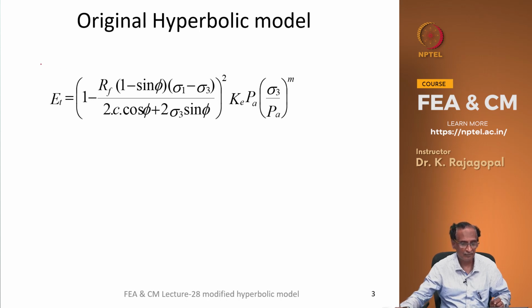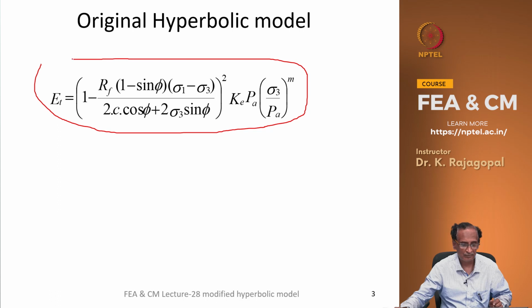This is another beautiful equation, and this is our original hyperbolic model, and here we are able to represent the effect of sigma 3, that is the confining pressure, on the initial modulus.